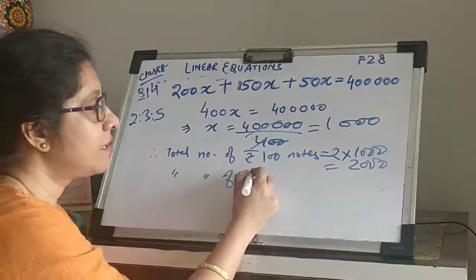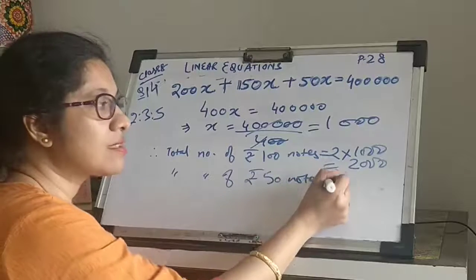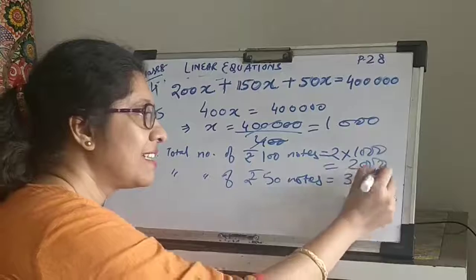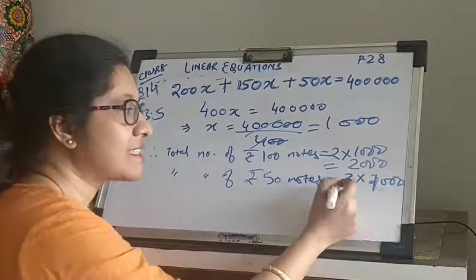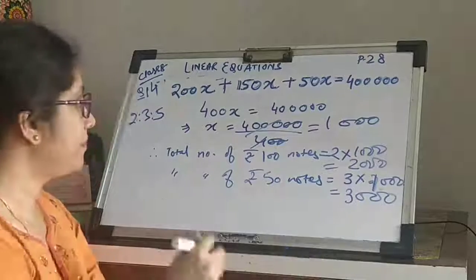The number of 50 rupee notes will be 3x, that is 3000.